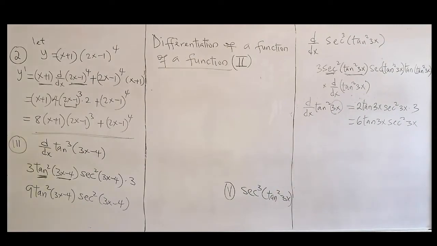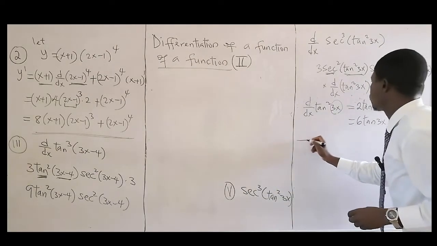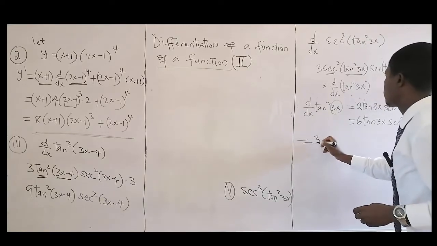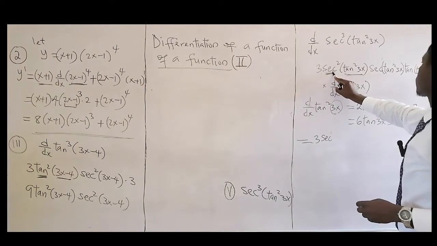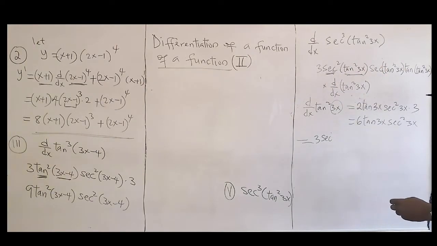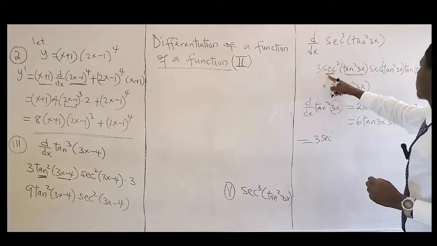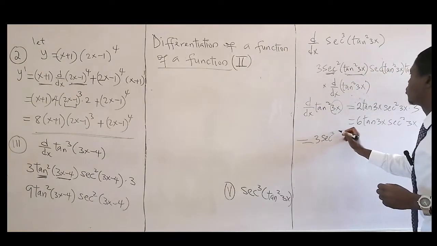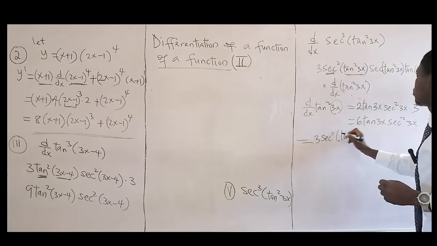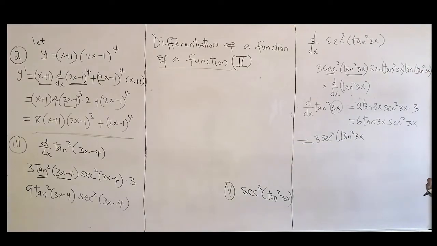Then let's substitute and make it a single line. So the answer will be equal to 3 sec squared, and sec, we have two of these, making sec cubed of the same angle, 3x.